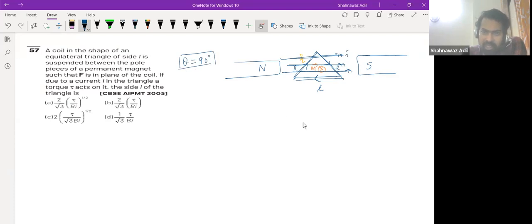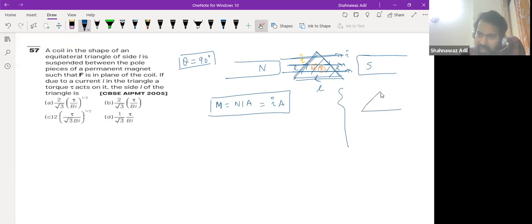So we know that the magnetic dipole moment would be NIA. And we have only one term, so N is 1, I is I. What is the area of this equilateral triangle? Calculate the area of the equilateral triangle.